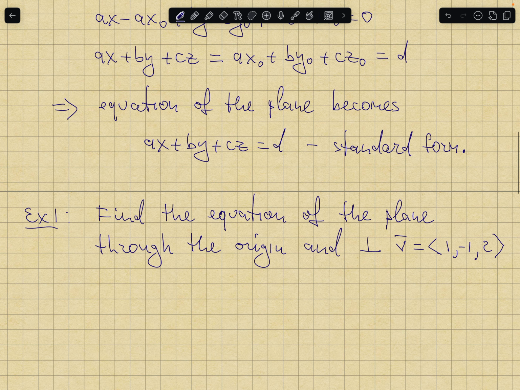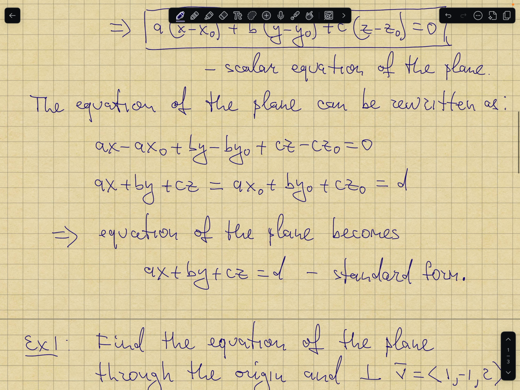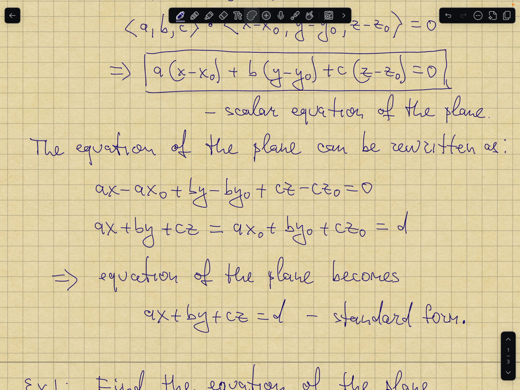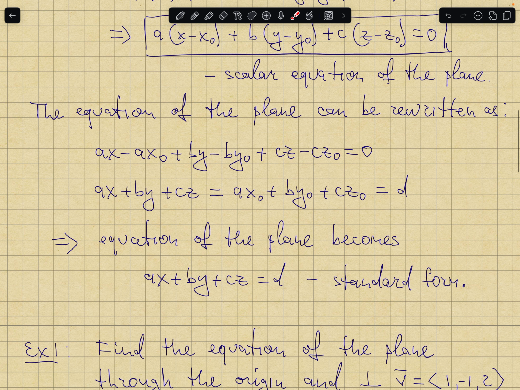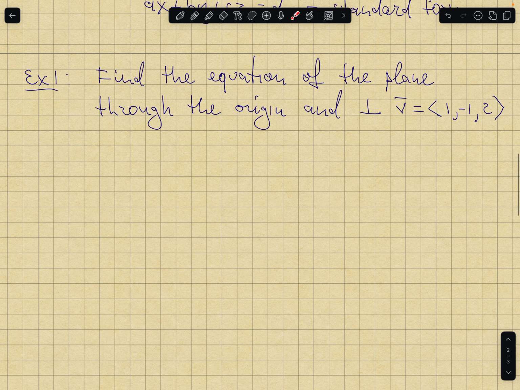And you see immediately that this is essentially trivial. You just remember that the equation of a plane looks like this. So A, B, C, in this case, are 1, -1, and 2. And the plane passes through the origin, so the point P is 0, 0, 0.